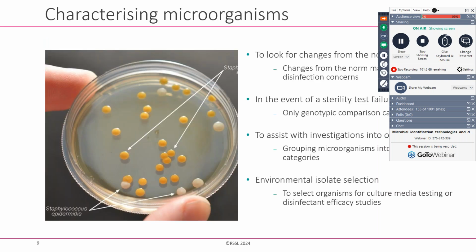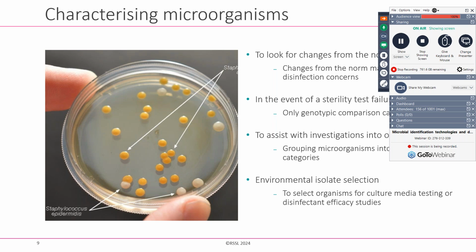So in terms of characterizing microorganisms, there are a number of situations, scenarios or reasons why we'd want to do this. So this could be to look for changes to the norm. So if we see a particular pattern of organisms consistently and then suddenly there's a shift, this may signal changes to a process, changes to cleaning or disinfection.